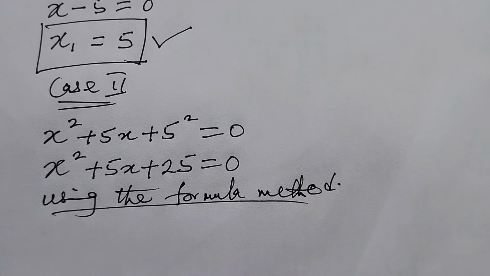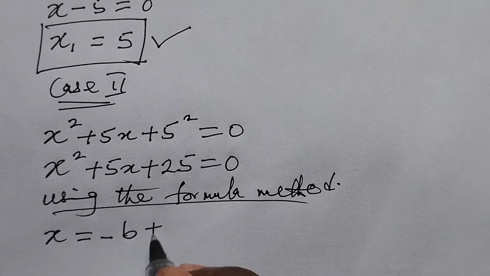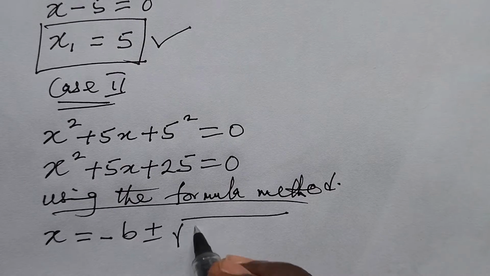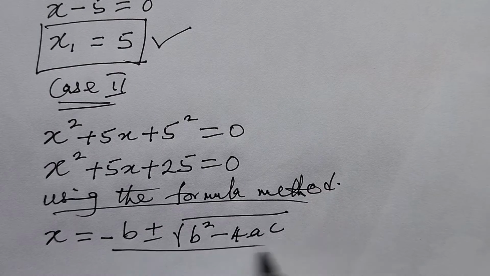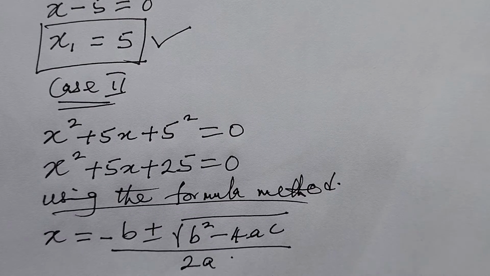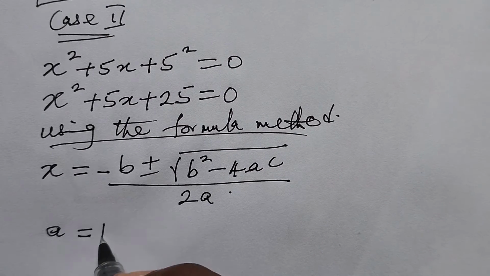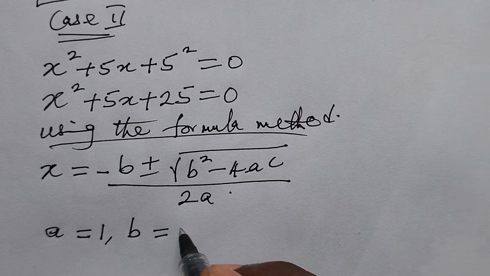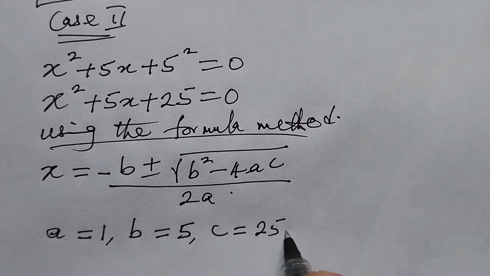Okay, so we know that x will now be equal to minus b plus or minus the square root of b squared minus 4ac, all over 2a, right? Good. What is a? a is equal to 1, b is equal to positive 5, and c is equal to 25.